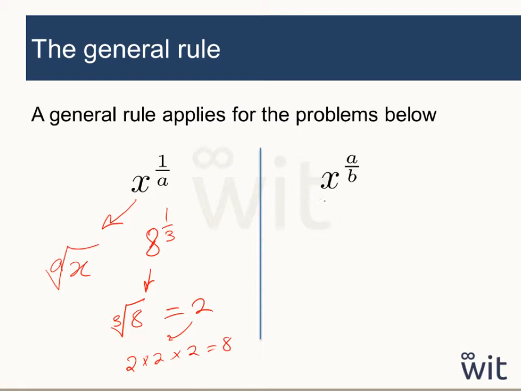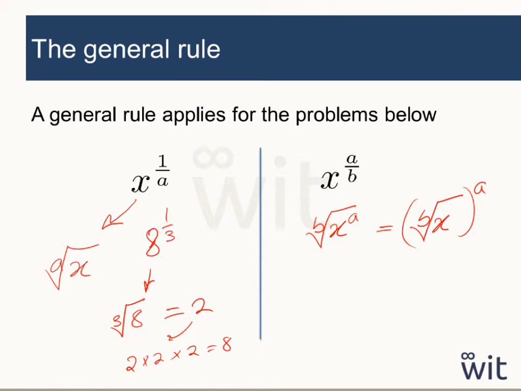The second type states that you have the variable x to the power a over b, which is the root of b of x, raised to the power of a. It's still the same thing as having x to the root of b and raising everything to the power of a.